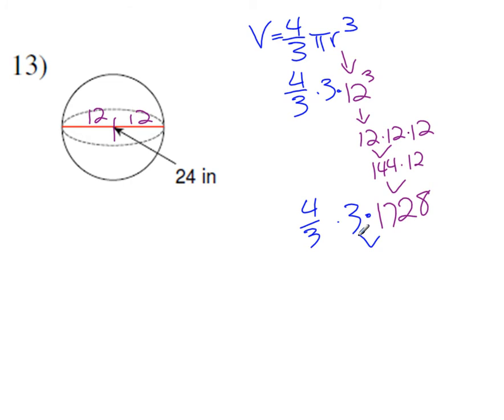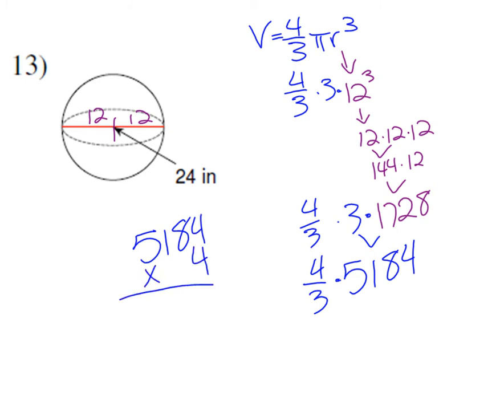So times 3 will be 5,184. So 5,184 times 4/3 is 20,736.